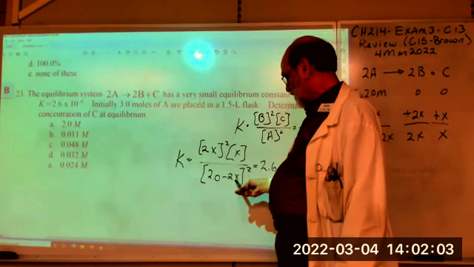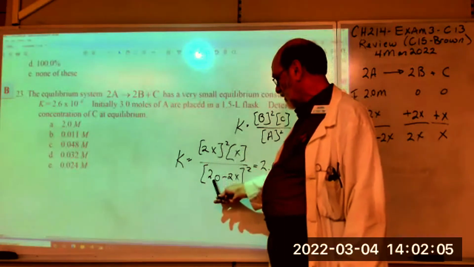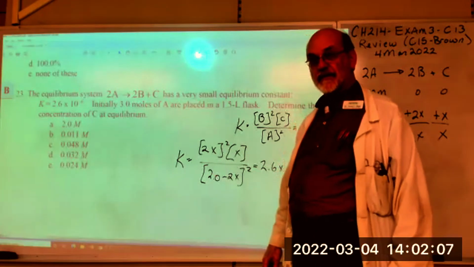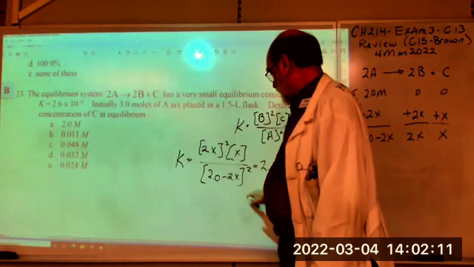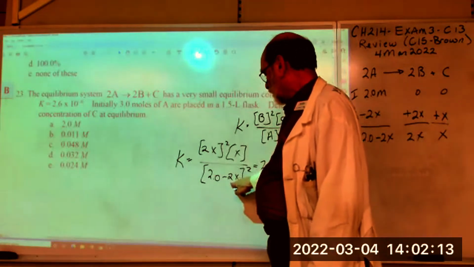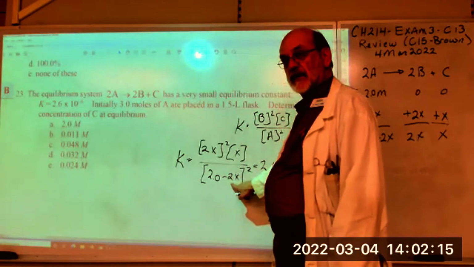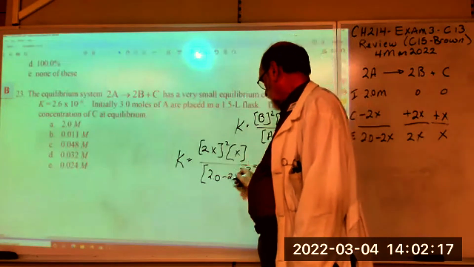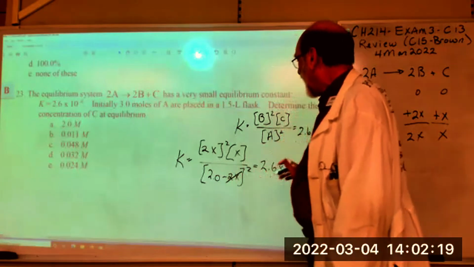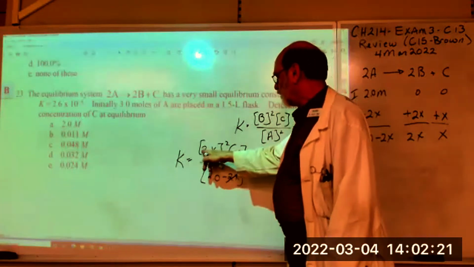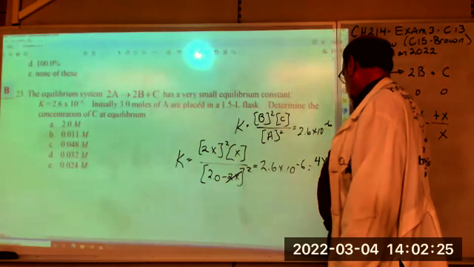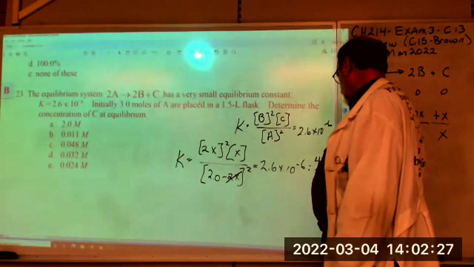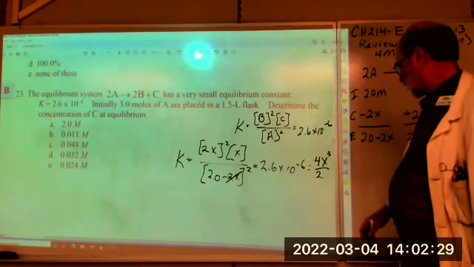And in fact, this value is going to be significantly smaller than that value. So what we can do is we can say, this is so small, we can toss it out. Right? Just toss that out. Now we've got 4x cubed over 2. Or 2x cubed.